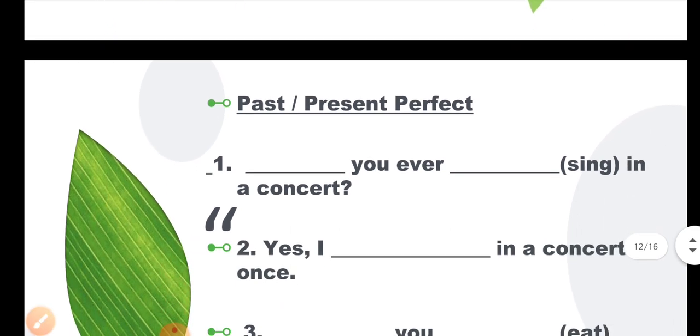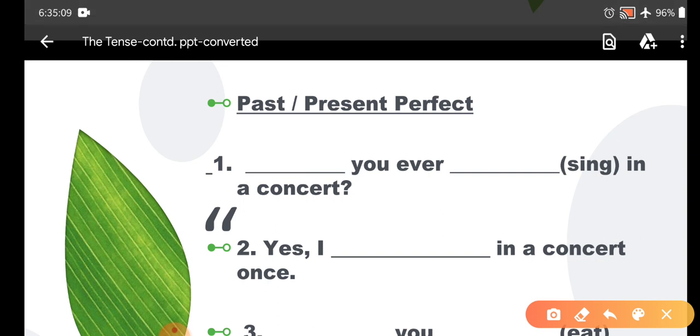This is also, I deliberately have put these slides because these are tricky. Use of past and present perfect. Now, in the same sentence, say two actions are happening. So, when to use simple past, when to use present perfect. Students, let me give you a tip.